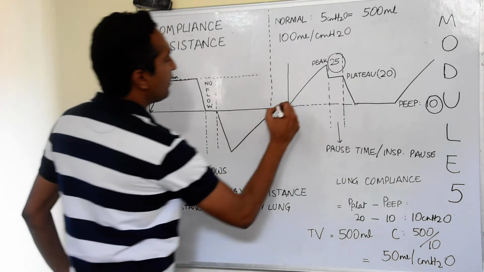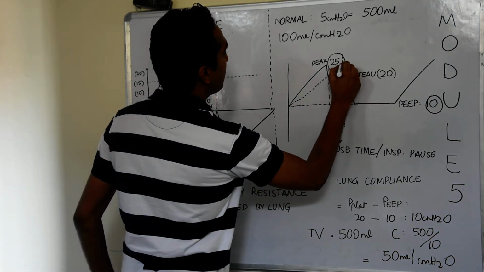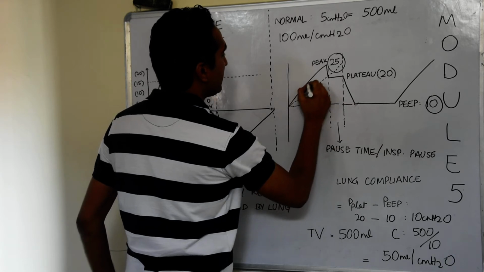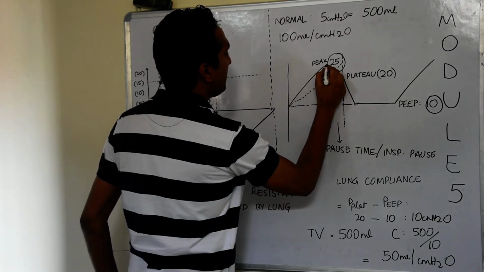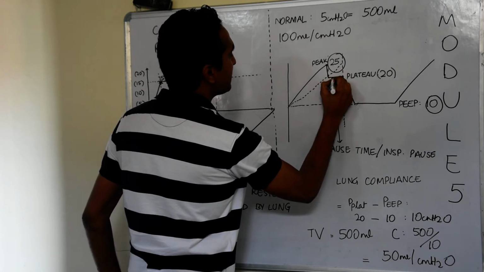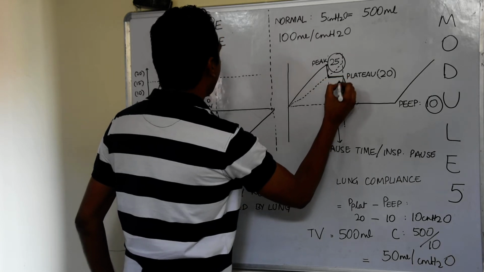So, here we have the pressure increasing to a level of peak, dropping down, and then there is a constant pressure because there is no flow of air.